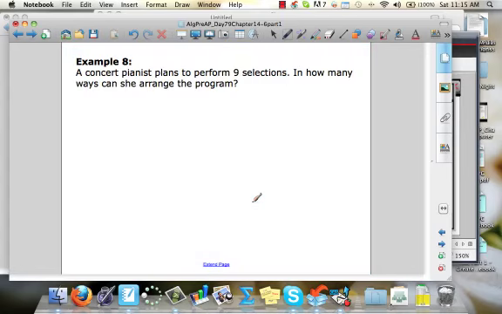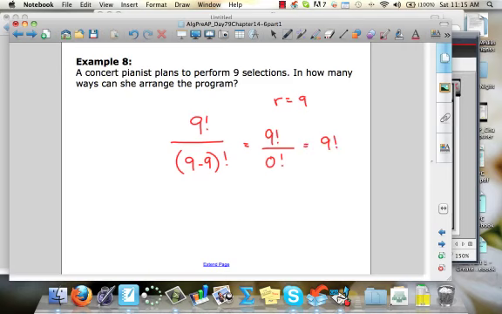All right. A concert pianist plans to perform 9 selections. In how many ways can she arrange the program? Well, she's got 9 selections and she's going to choose all of them. So that would be when R equals 9. So 9 minus 9 factorial is 9 factorial over 0 factorial, and 0 factorial by definition is 1. So this is just 9 factorial.